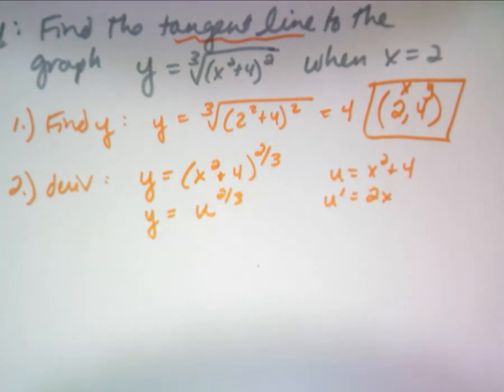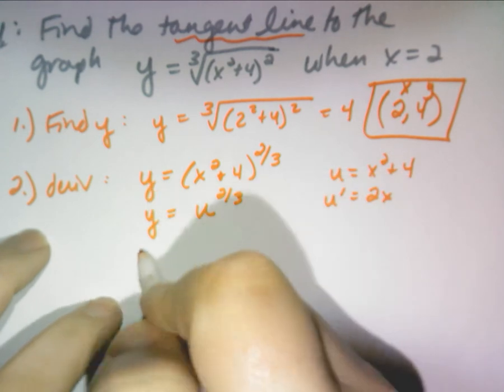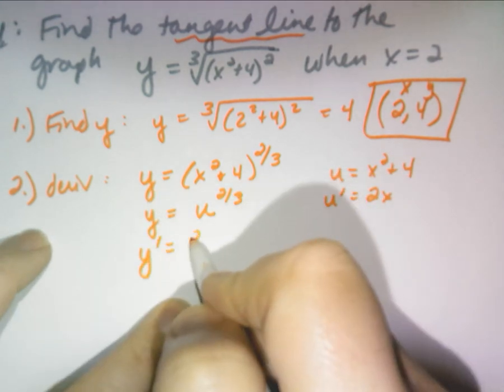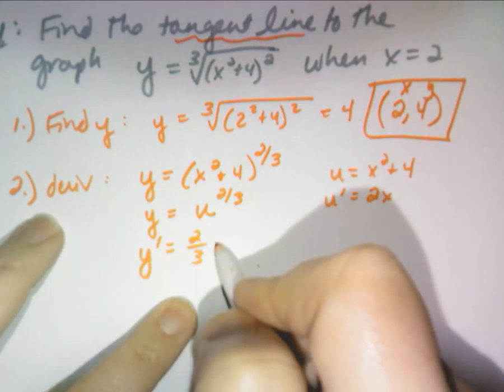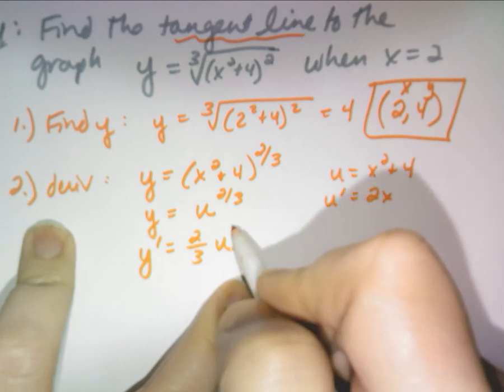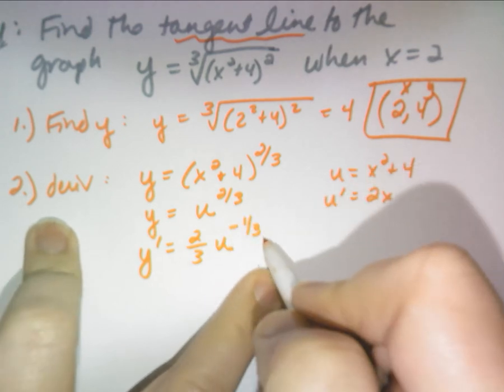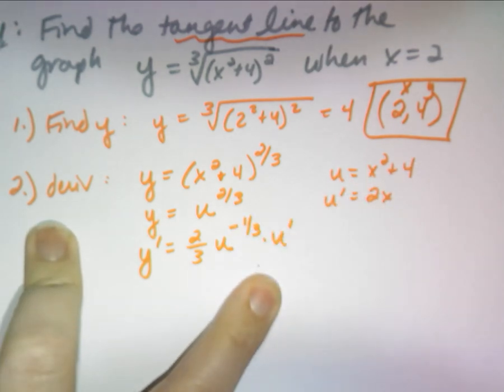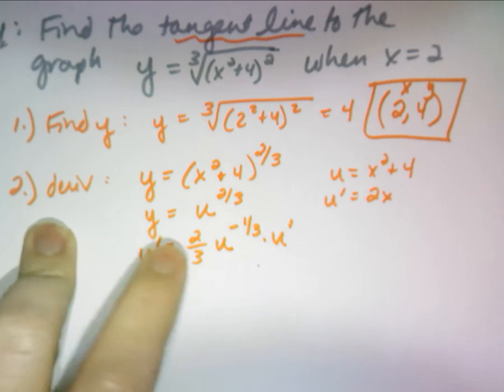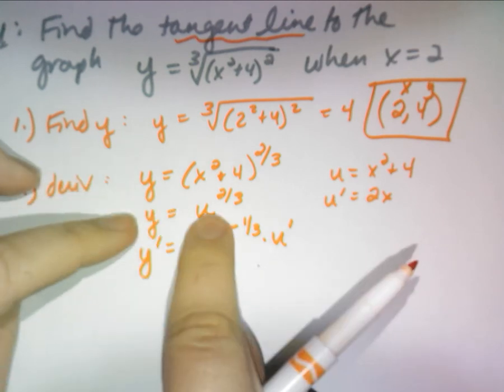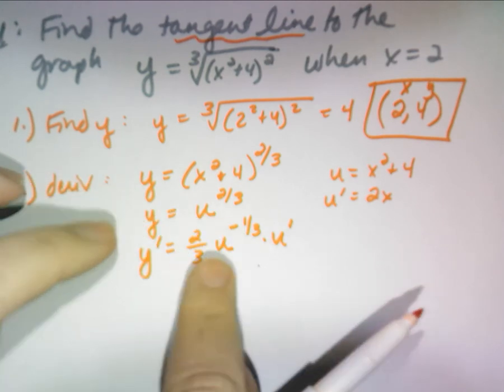Now take the derivative: 2/3 u to the what? -1/3, times the chain.